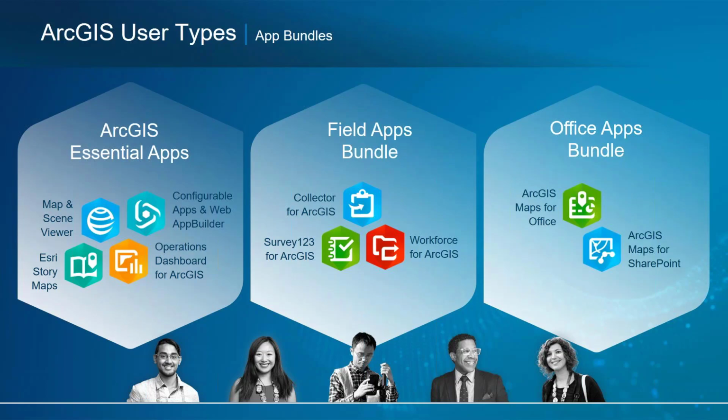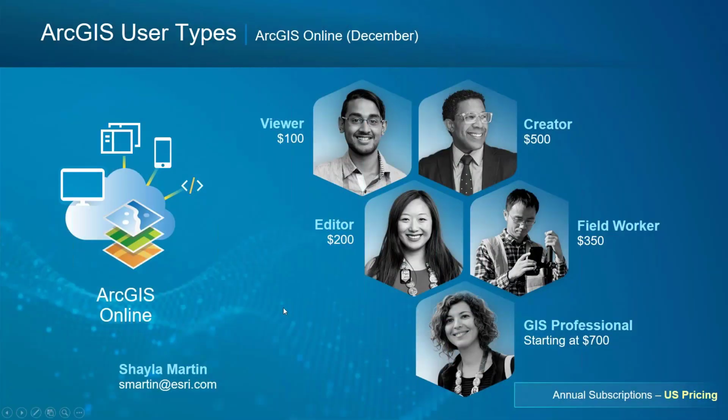And of course, everybody would like to know about pricing. As was formerly the level 1, which is now the viewer, is still $100 per license. Creator is $500, and then the other options allow for a little bit of flexibility where people didn't necessarily need to have all of the access and all of the capabilities of the creator.